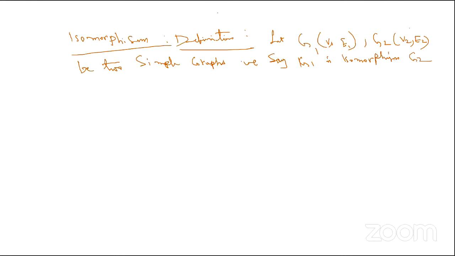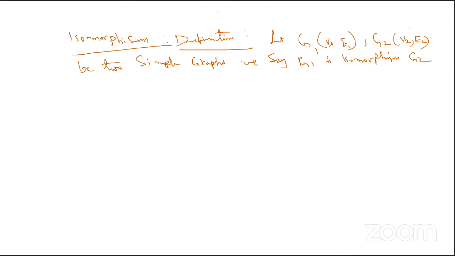We learned this in algebra. If G1 is isomorphic to G2, then we say G1 is isomorphic to G2.